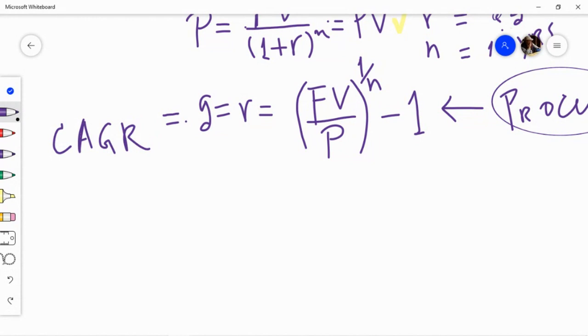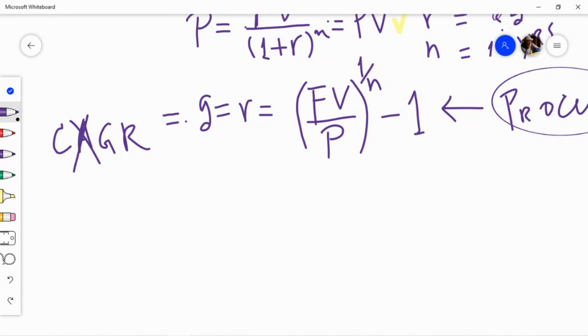But as an acronym, it has to make sense, and compounded annual growth rate makes sense because we're talking about the compound rate. But annual, I have a problem with that, because it must be annual only?